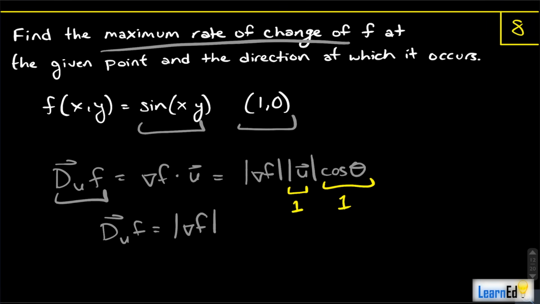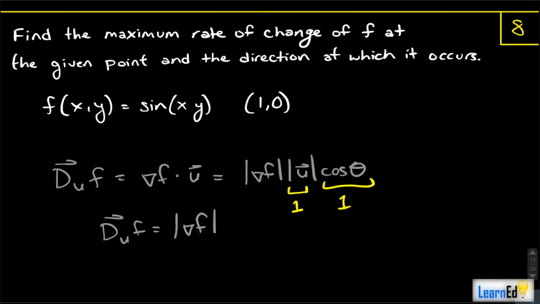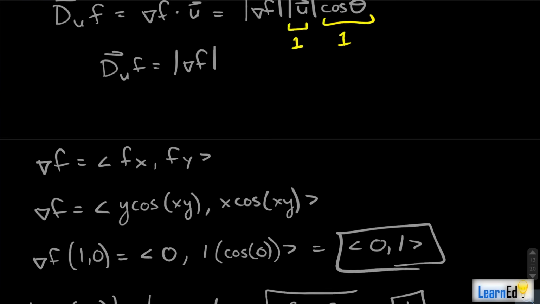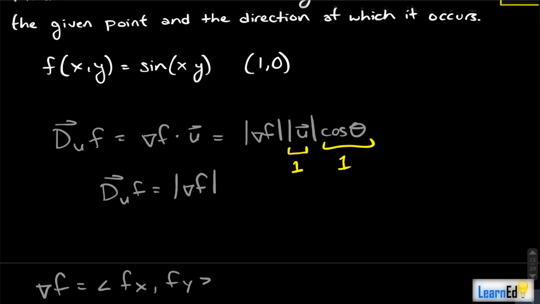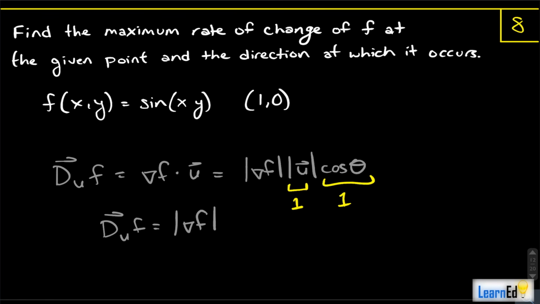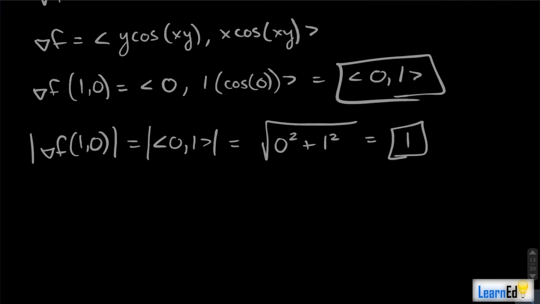What they would do is give you a direction, you find a unit vector in that direction, so you just normalize the direction they gave you, dot it with the gradient vector, and there you go, you have your directional derivative. So actually it's a pretty simple problem if you understand the whole idea of what the gradient vector is, what a directional derivative is, and what a partial derivative is.